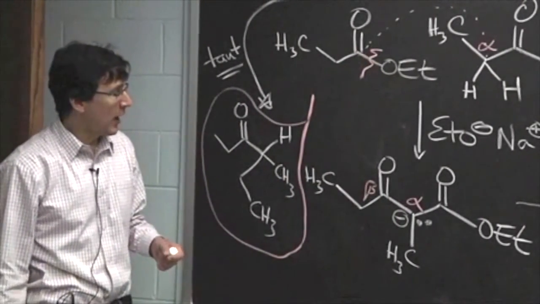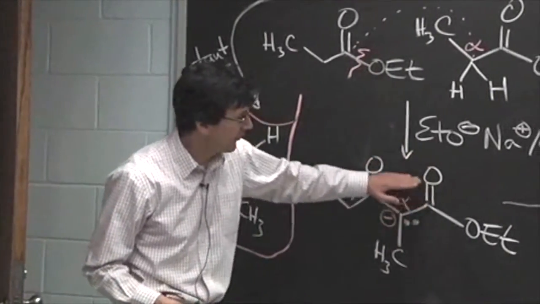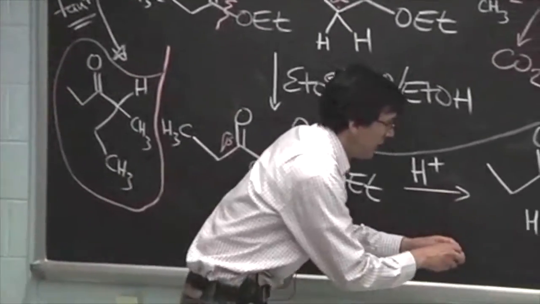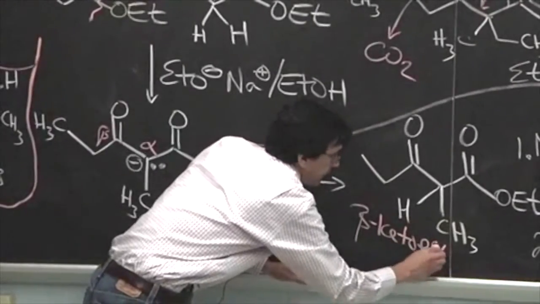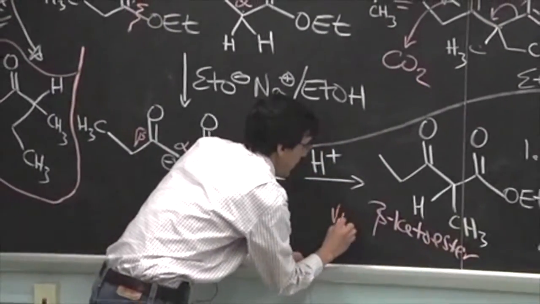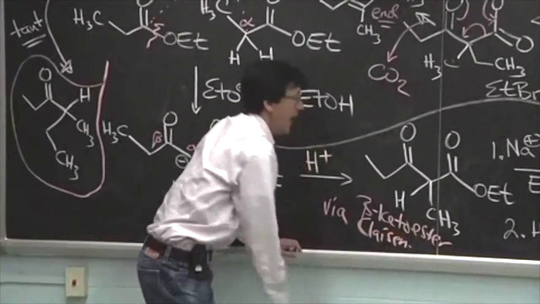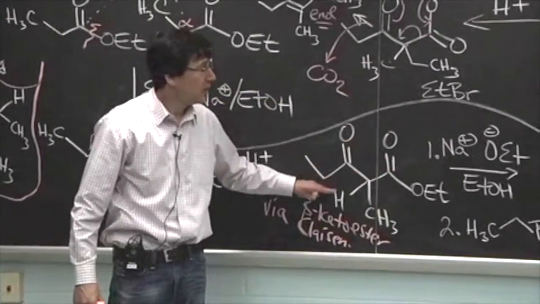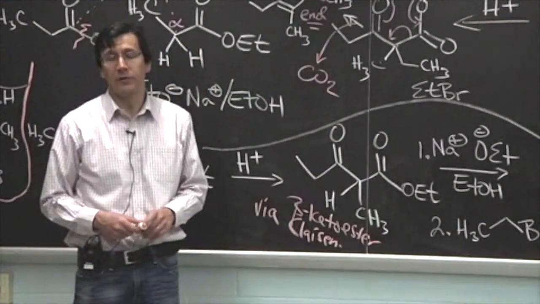So just to summarize, I was able to prepare a beta keto ester, at least the beta keto ester enolate here, or after protonation, this beta keto ester. This was prepared via the Claisen condensation, and then I used this beta keto ester in an acetoacetic ester type of synthesis.